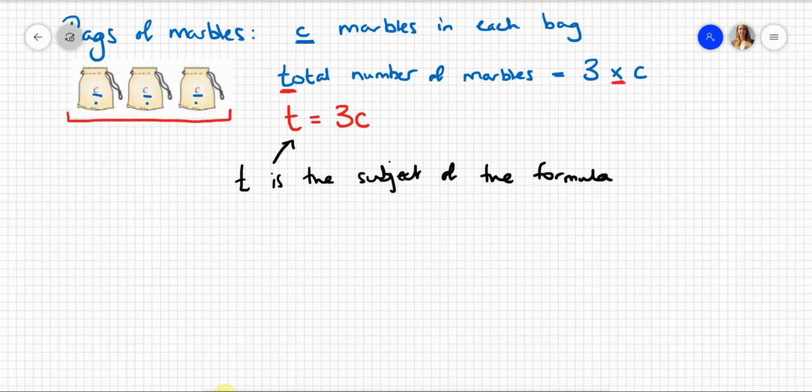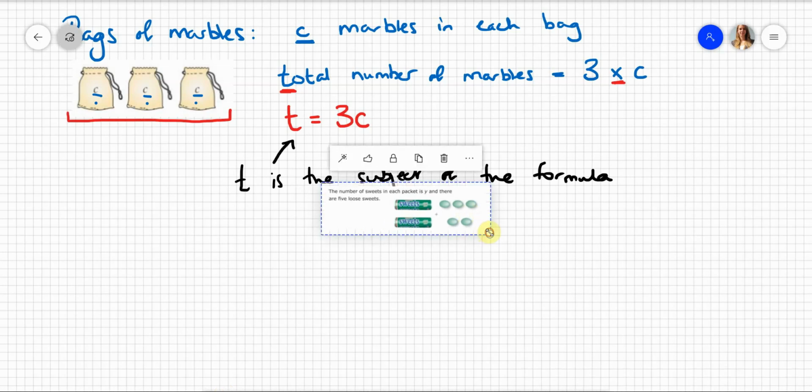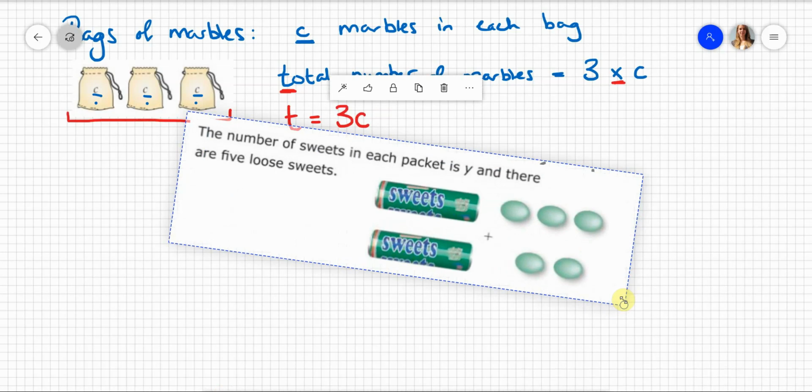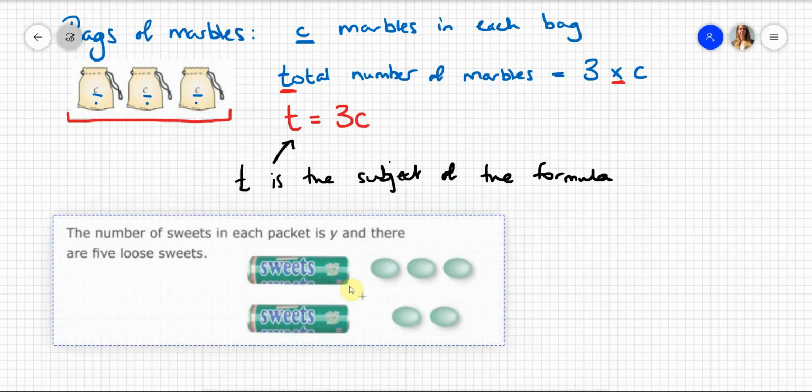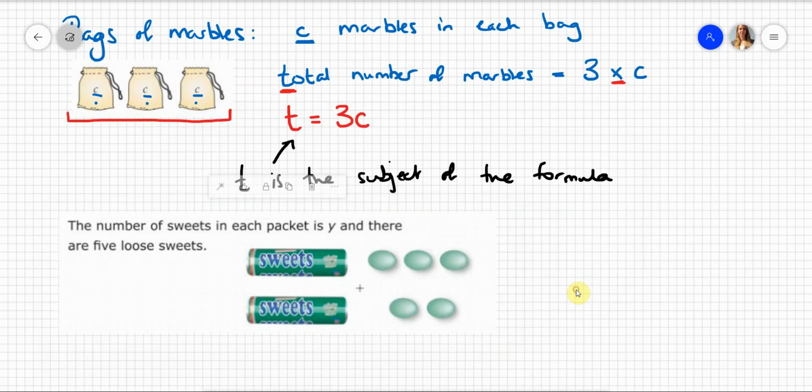Let's have a look at another example. So we've got this here. The number of sweets in a packet of sweets is Y. So here's our 2 packets of sweets. And there are also 5 loose sweets. 1, 2, 3, 4, 5.